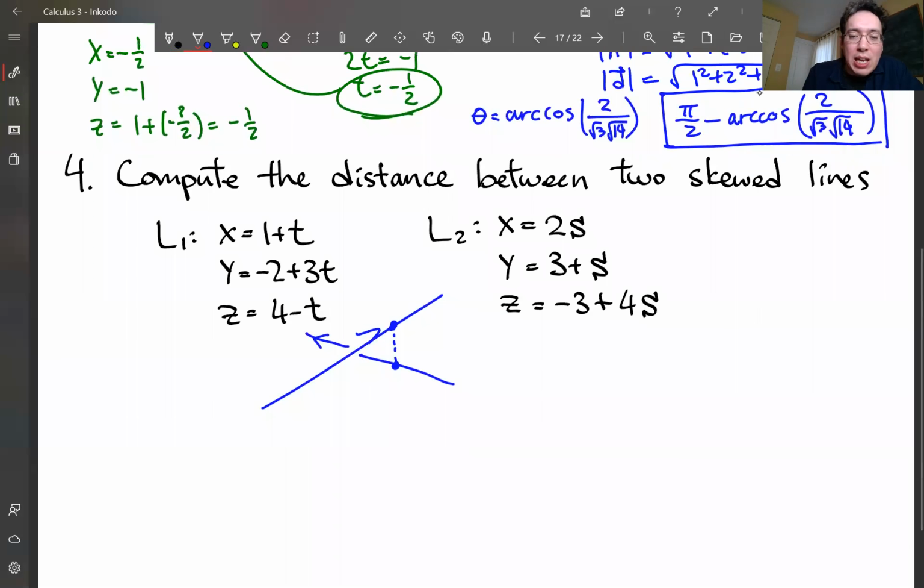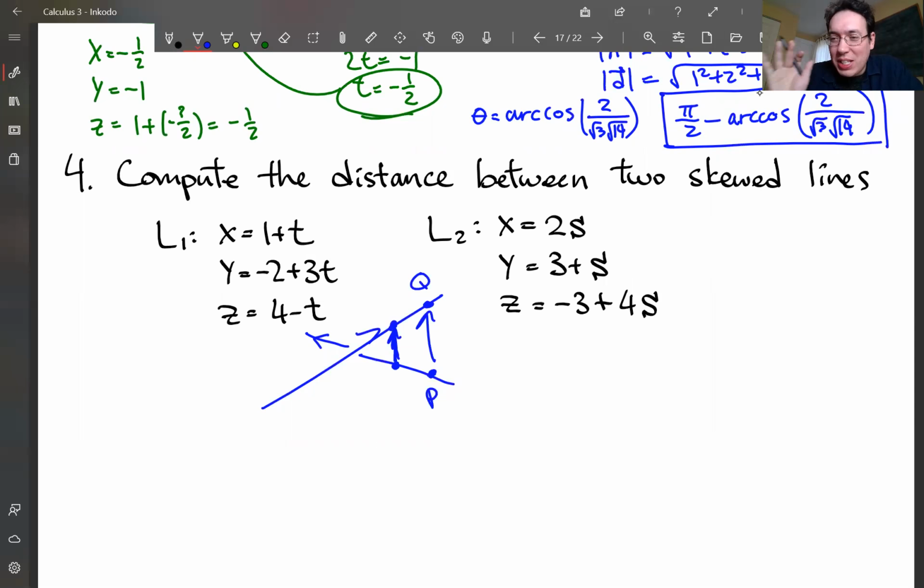We could take any 2 points, one point from the first line and another point on the second line, and look at a vector between them. And as long as we have this normal direction, the vector that's perpendicular to both directional vectors, we can project onto that and get the distance between them.